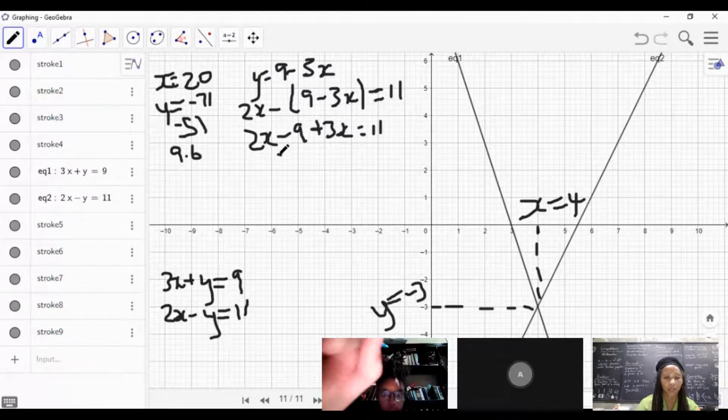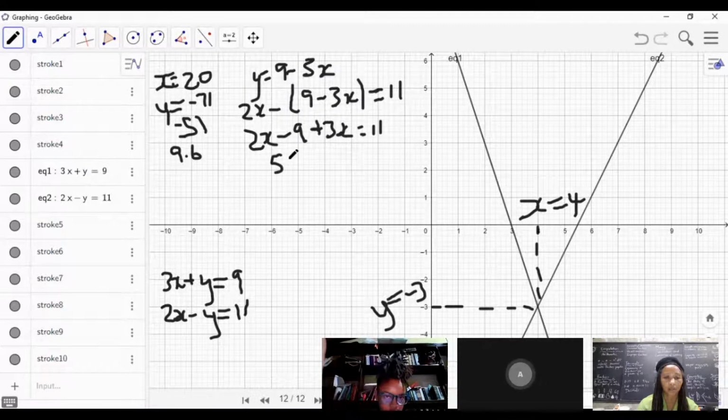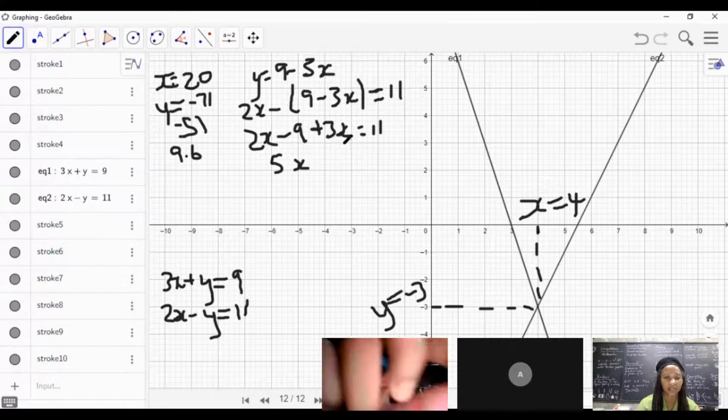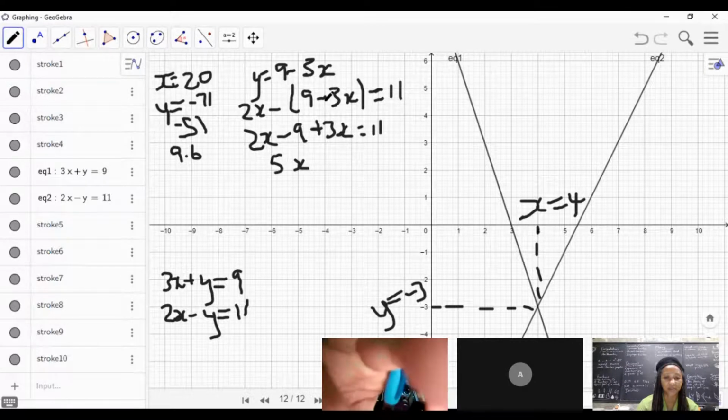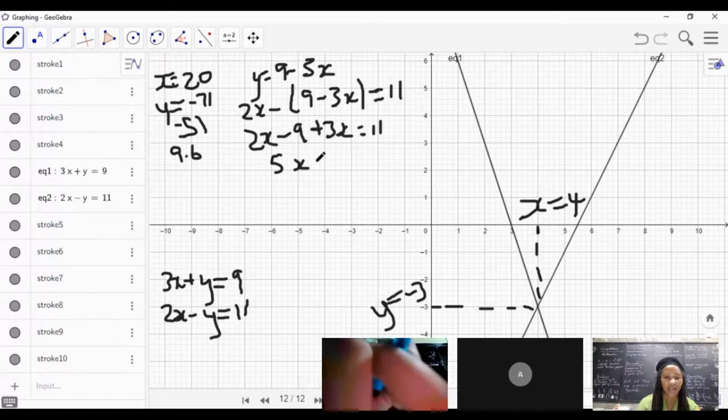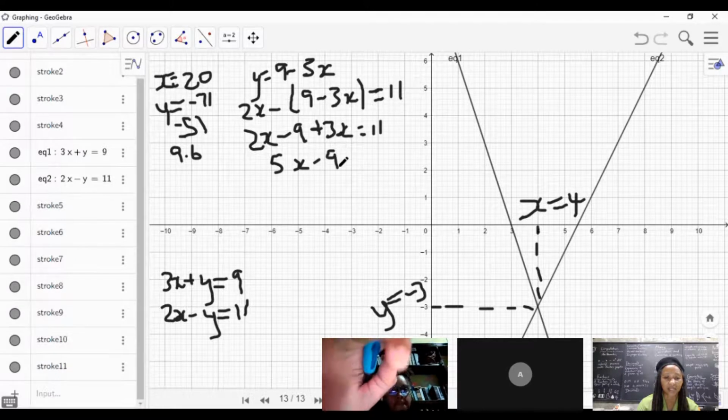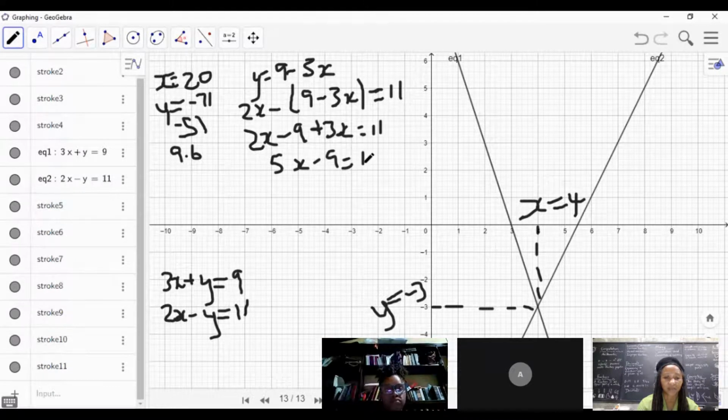I didn't have plus 3x. Plus 3x, this one here. So negative times negative. So we'd have 5x minus 9 equal 11. So 5x equals 11 plus 9, which is 20.